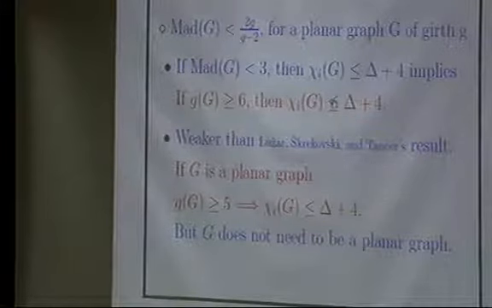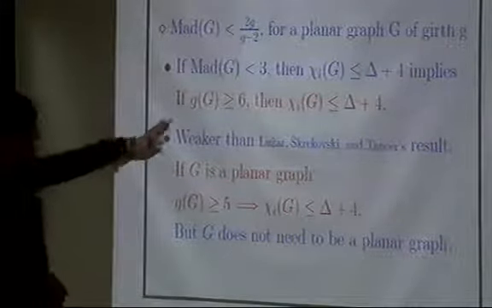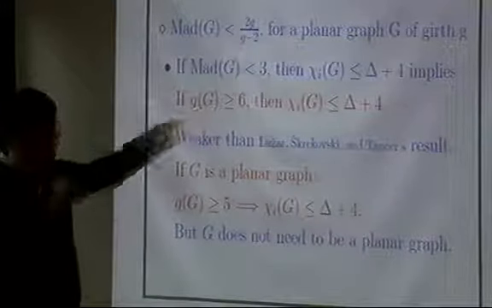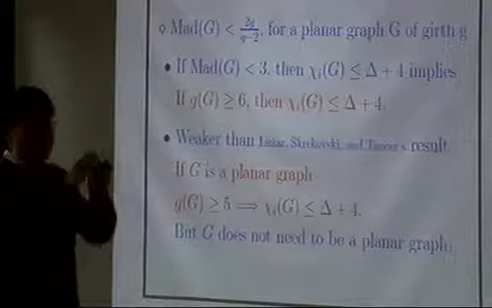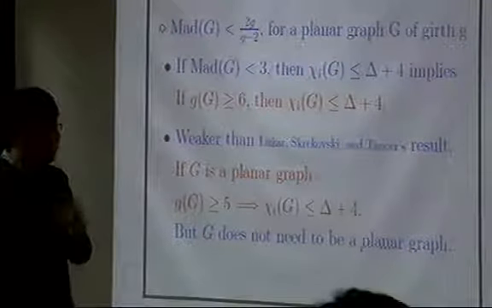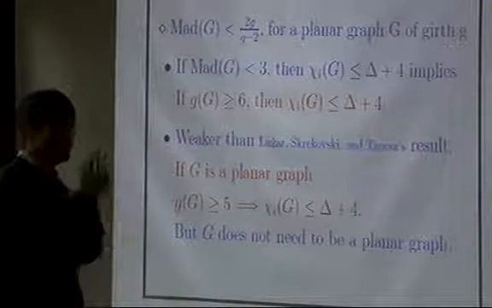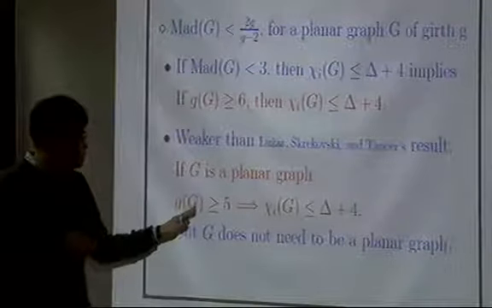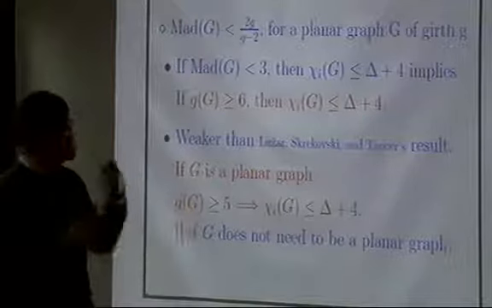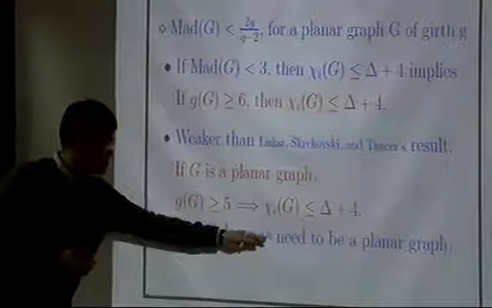Another important advantage of maximum average degree is, when you say girth, it's always for planar graphs. But sometimes we can say girth for general graphs. But typically when you say girth condition, it's for planar graphs. But if we have a result in terms of maximum average degree, then it doesn't have to be a planar graph.